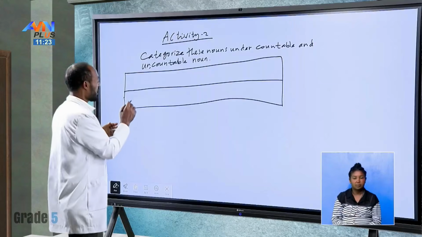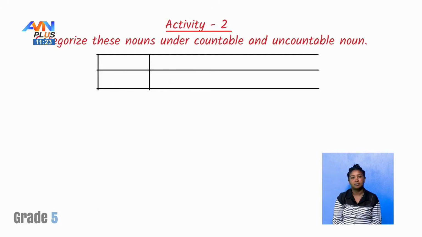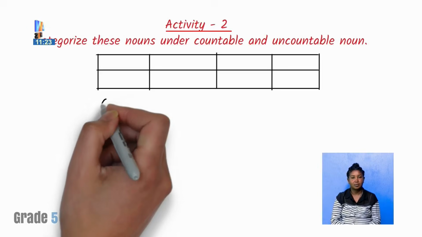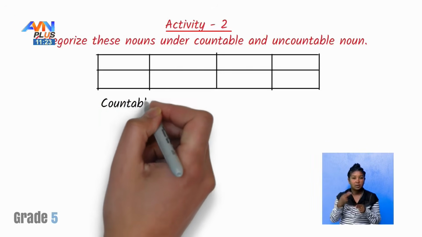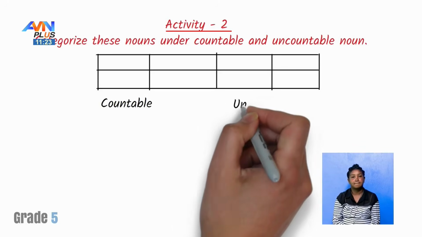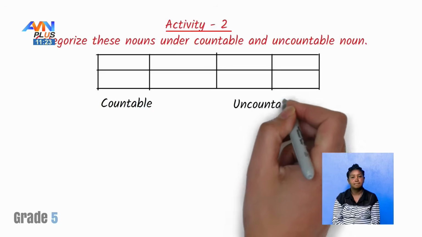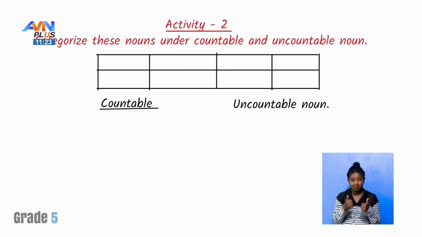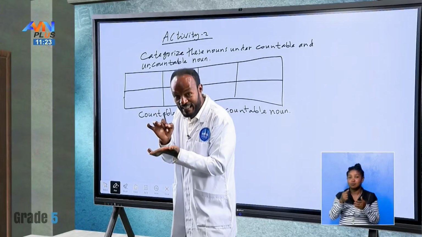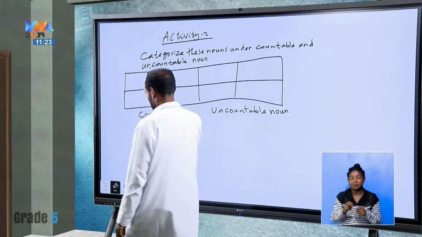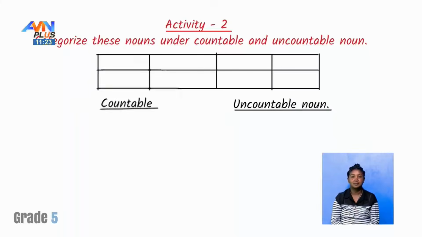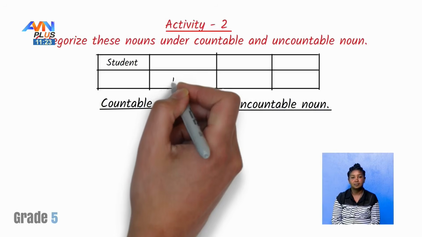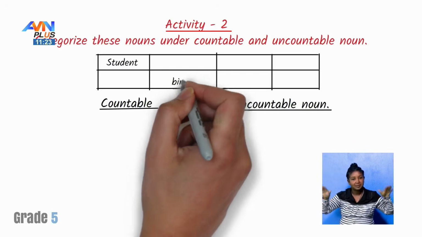Okay, do it. Now I'm going to write here some nouns. Then you're going to categorize them under what? Countable and uncountable noun. Are you ready? I hope you're ready and you have your own pen and exercise book. Go on. A student. Bird. Water.